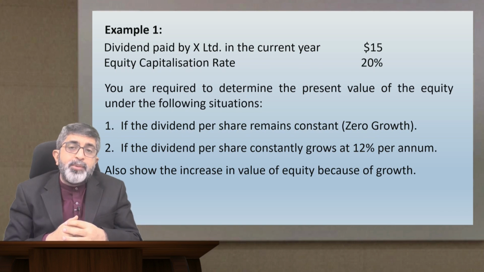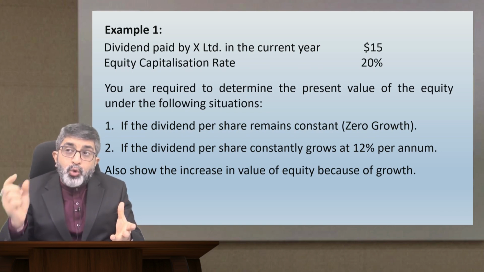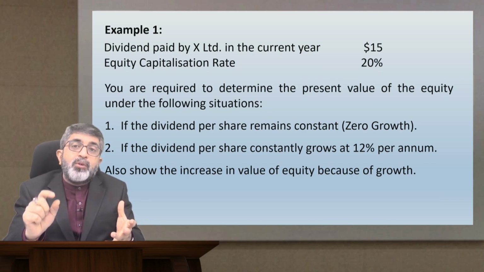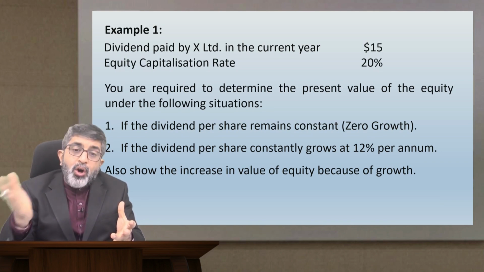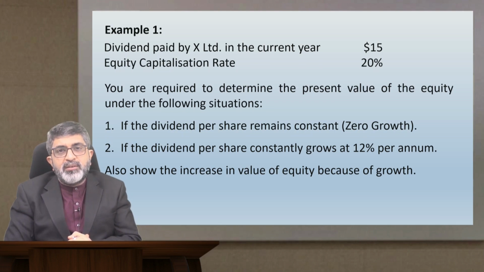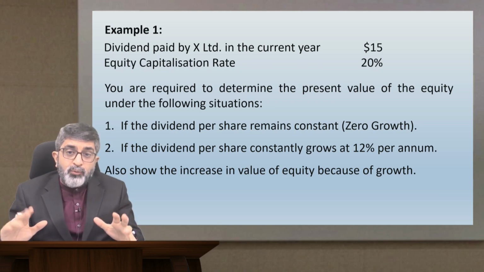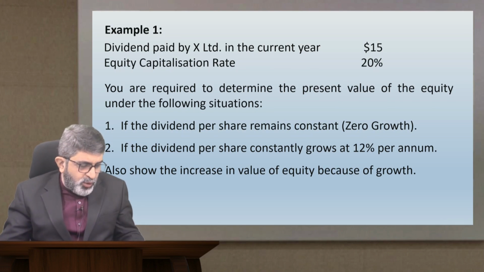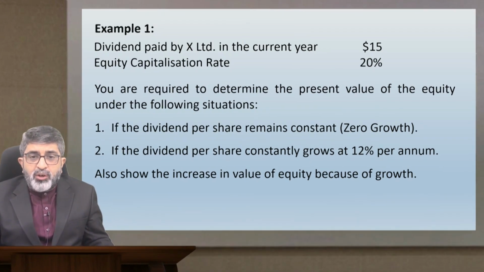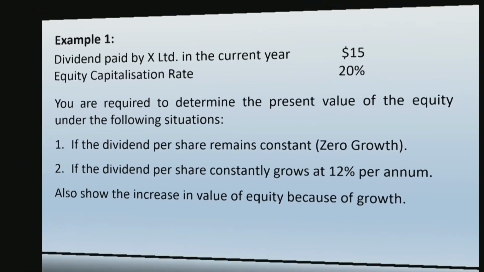So you would compute the difference in the present value of both the situations to show the impact of growth in dividends on the value of the shares. I am sure you people are clear with what you need to do. So let me take you ahead with the presentation of the solution for this example.